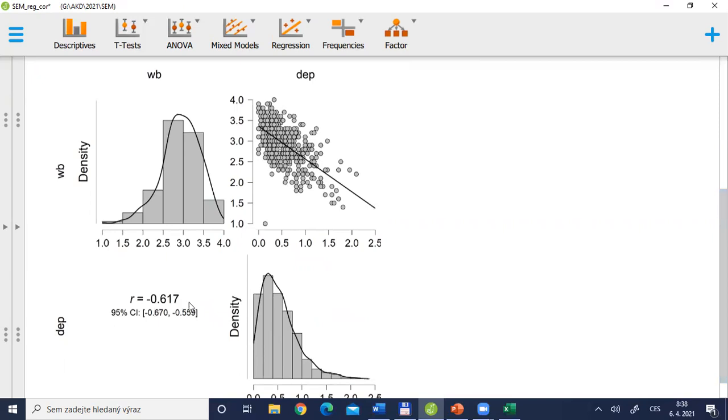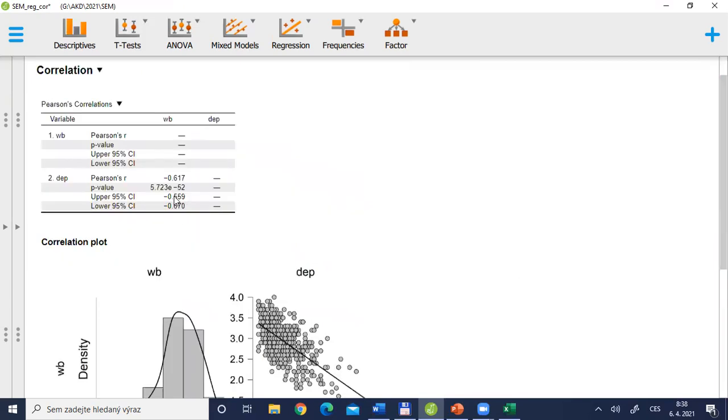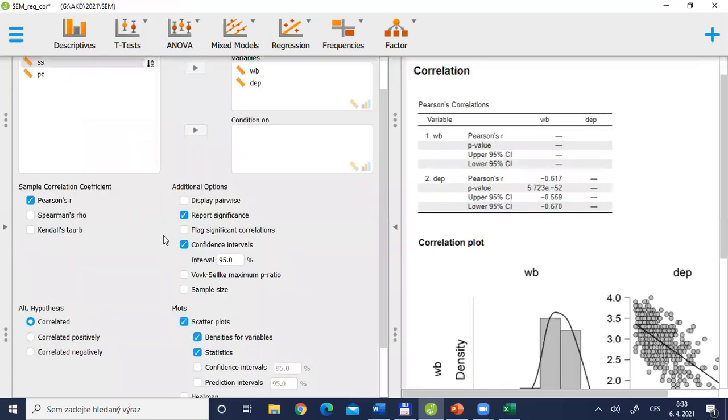And here we have once again the correlation coefficient and also the 95% confidence interval. This confidence interval is also included here in the table. So these are first results for us. So we know that these two phenomena are quite closely negatively related. So that's correlation, or classical correlation.